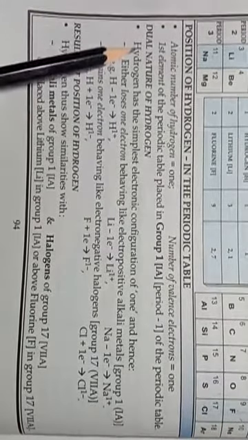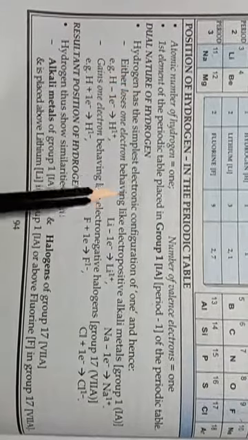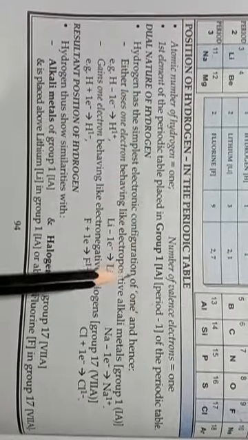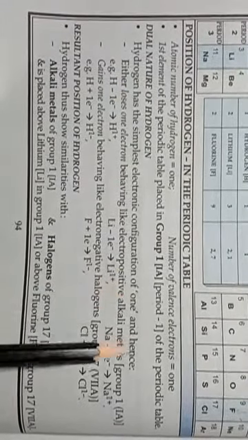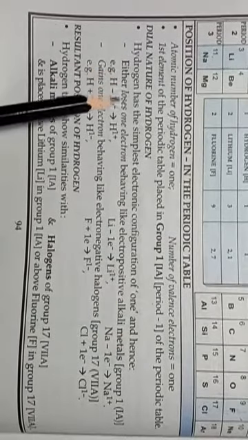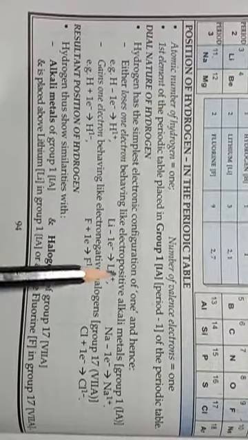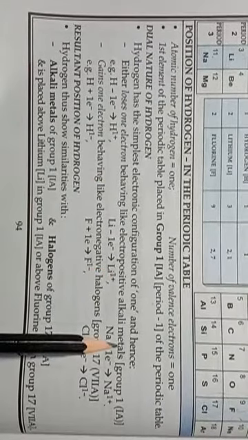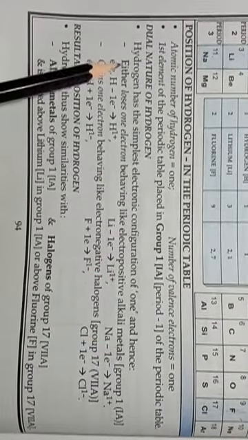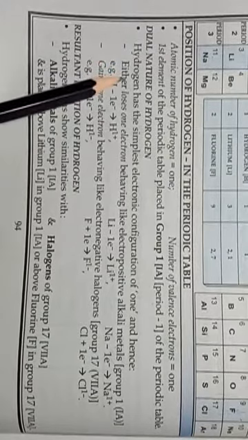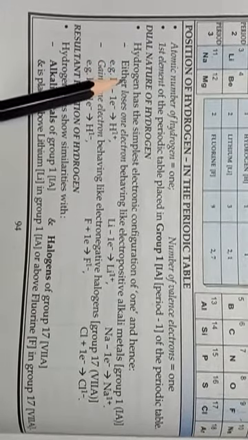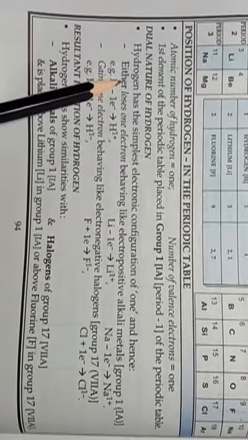First point: hydrogen has the simplest electronic configuration of 1 and hence either loses 1 electron, behaving like electropositive alkali metals. Just 1 electron in hydrogen is in 1 shell only.